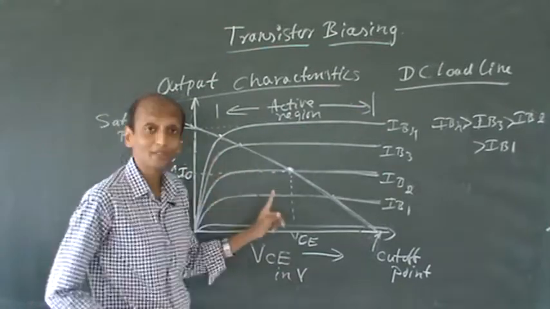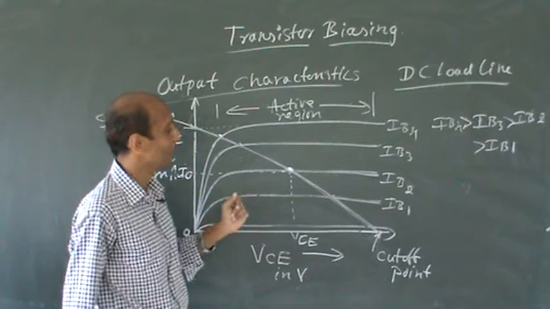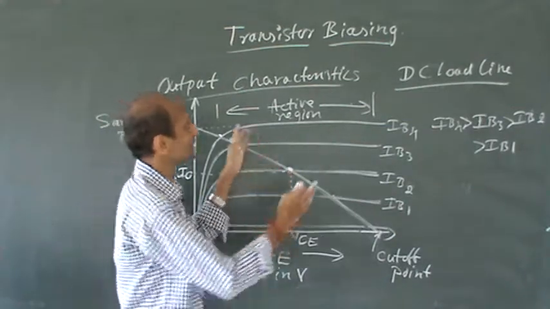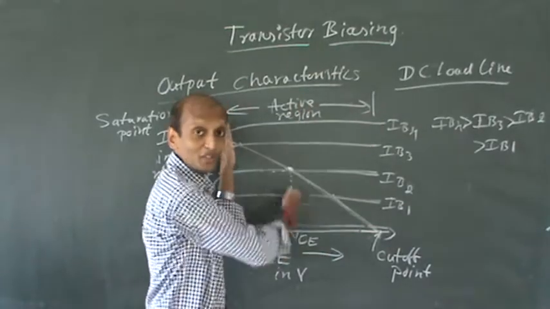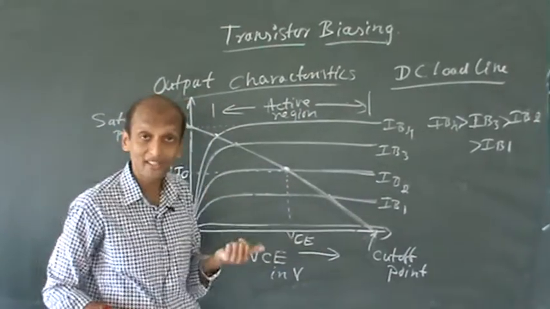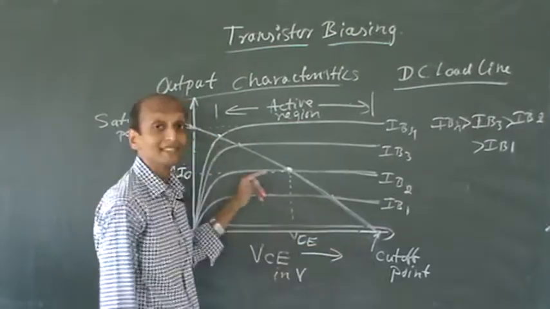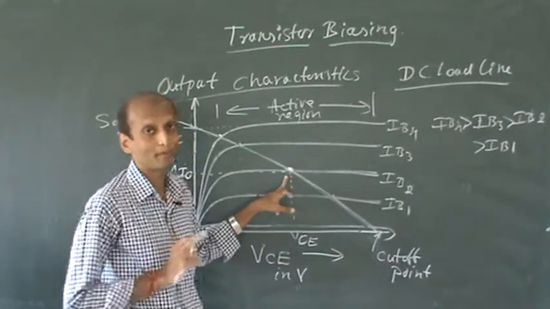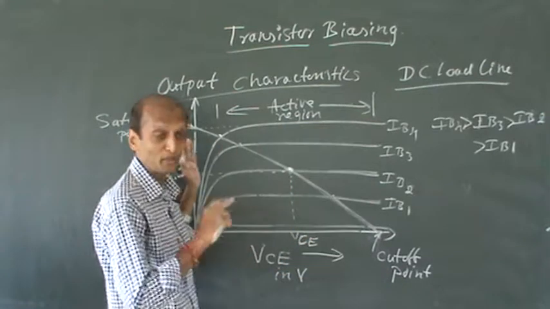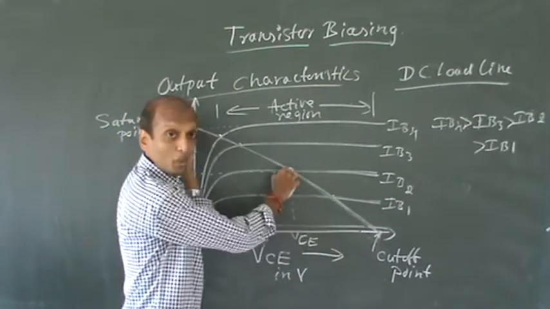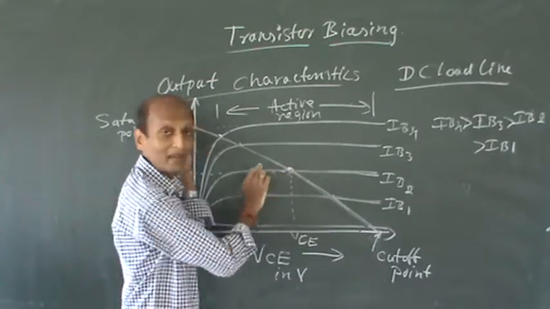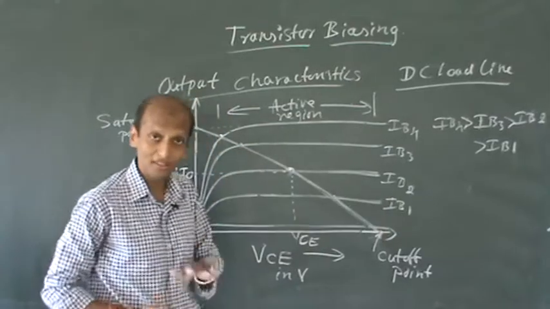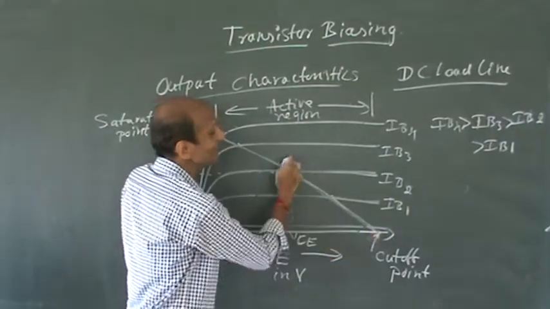This is very much important. Now what you can make out is the operating point. Sometimes they say the operating point should be at the center of the active region, and we also say it should be at the center of the DC load line.